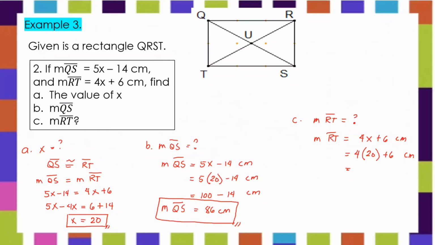So, multiplying 4 and 20, that will give us 80 plus 6 centimeters. So, if we're going to add 80 plus 6, we have the measure of diagonal RT, that is equal to 86 centimeters. Okay? So, since diagonal RT is congruent to diagonal QS, we have the same measures for diagonal QS and diagonal RT, that is 86 centimeters.